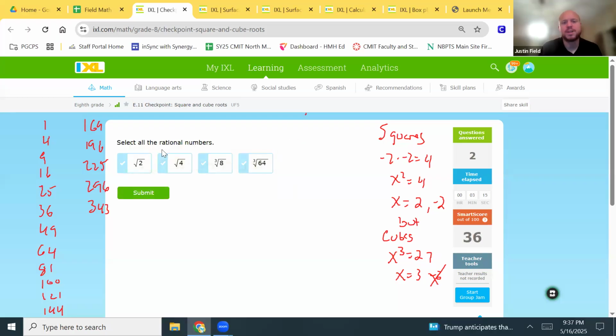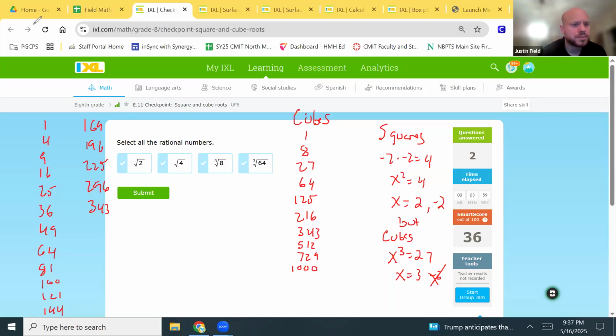All right, select all the rational numbers. So that would be any perfect squares or perfect cubes. So let's make a perfect cube list. And the cubes are, I'm just going to go up to 10: 1, 8, 27, 64, 125, 216, 343, 8 cubed is 512, 9 cubed is 729, and 10 cubed is 1,000.